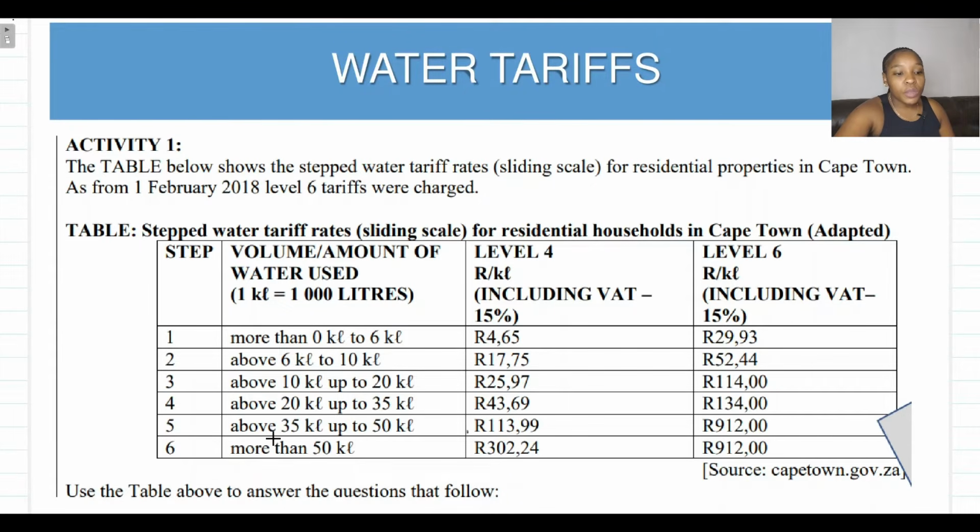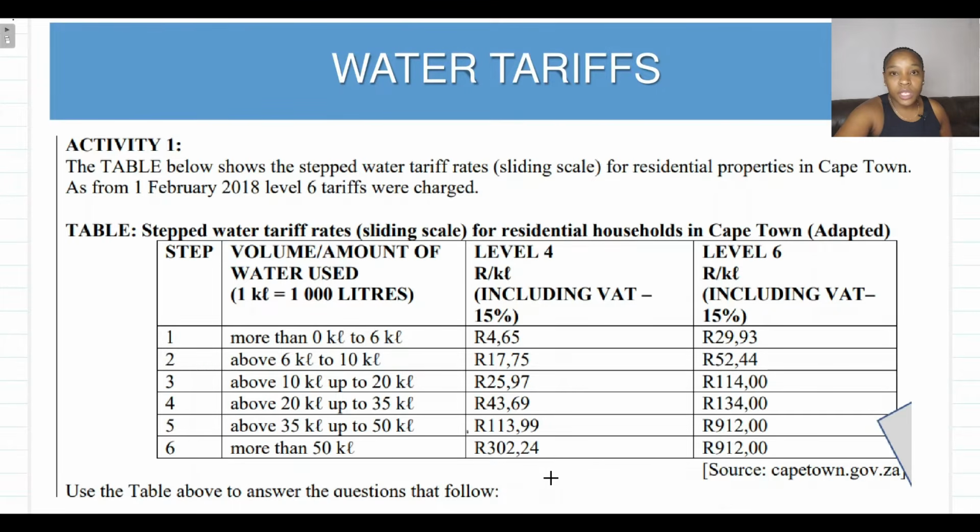If you consume between 35 kiloliters and 50 kiloliters of water, you need to pay 113 Rand and 99 cents per kiloliter of water that you consume. And if you consume more than 50 kiloliters, you need to pay 302 Rand and 24 cents per kiloliter.